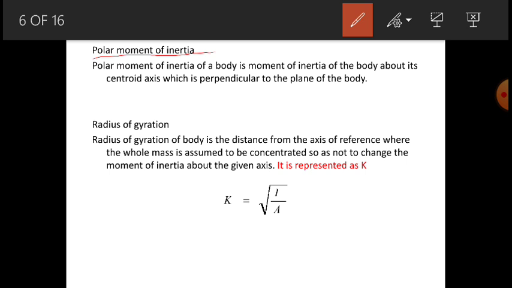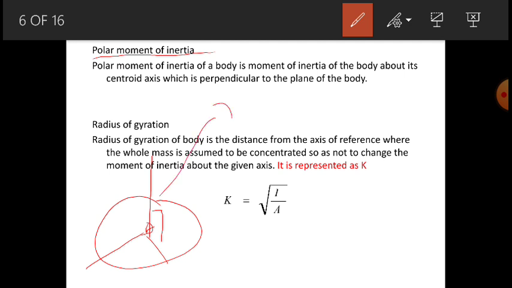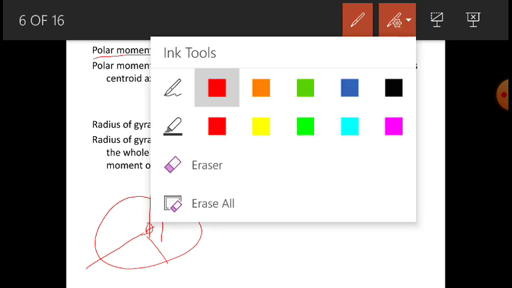The polar moment of inertia of a body is the moment of inertia of the body about its centroidal axis which is perpendicular to the plane. This is your plane, and the axis is perpendicular to the plane through the centroid, like this. That axis gives you the moment of inertia, which is called the polar moment of inertia, Izz.